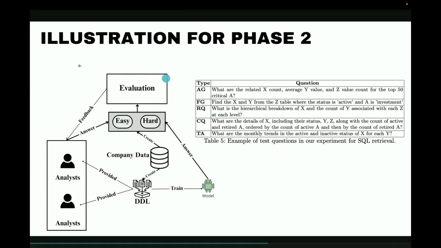Then we evaluate which one is correct. Here are some example questions. We divided these questions into five types, like aggregations, recursive, conditional queries, and trend analysis. They are ranked from easy to hard, with the expectation that analysts will perform better.